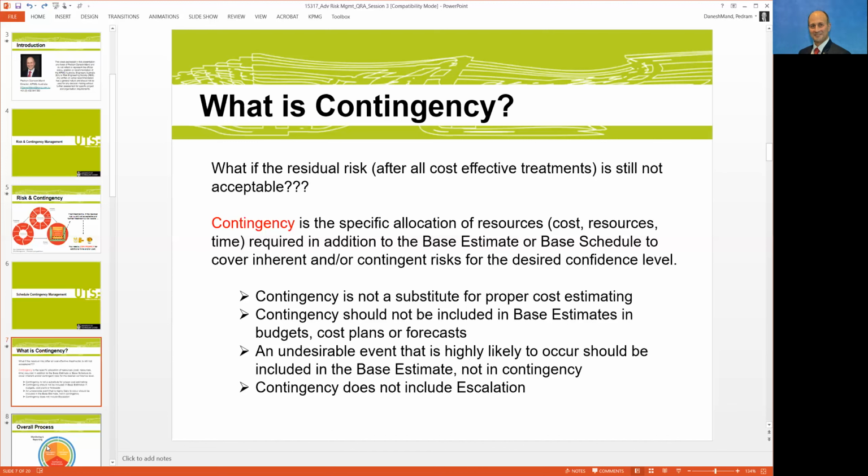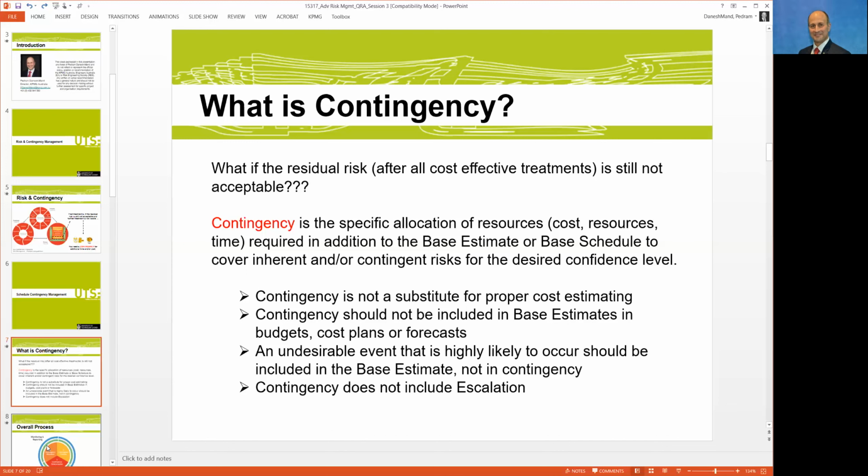We do see a lot of cases where people, when they're putting the estimate together, embed some contingencies into the base estimate or base schedule. By the time the team gets to the contingency assessment, they put another layer on top of the previous one. And again, it's not the optimum way.